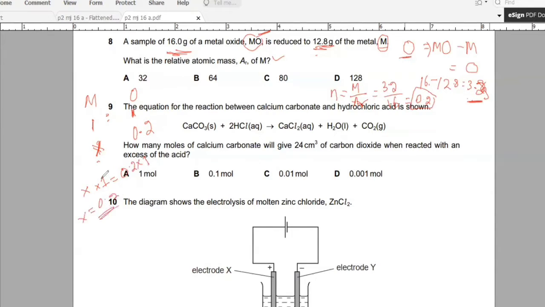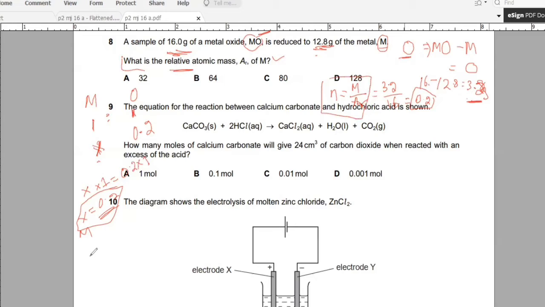That means the number of moles of M will also be 0.2, because their mole ratio is equal, 1 to 1. Now we have the moles of M. What did they ask in the question? We have to find the relative atomic mass, Ar. So use the same formula, just rearranged: Ar will be equal to mass divided by number of moles.